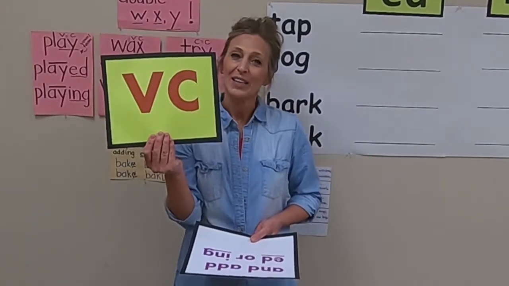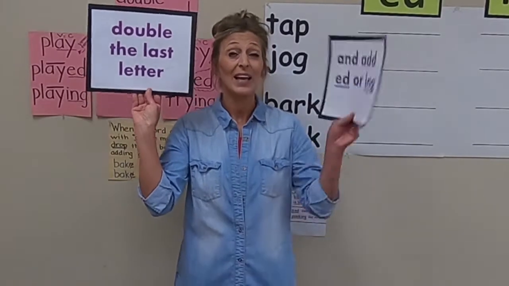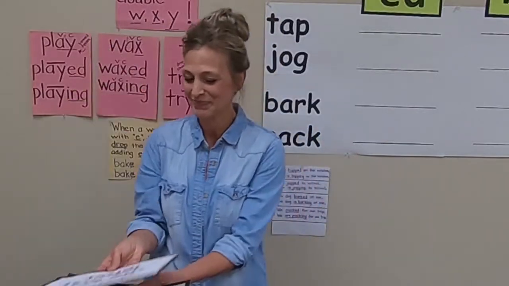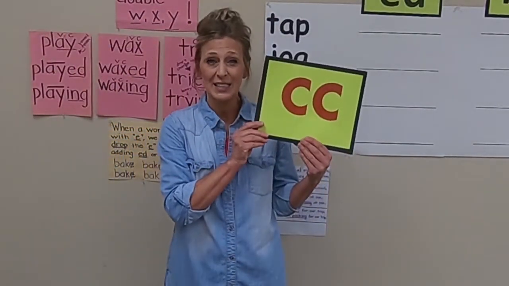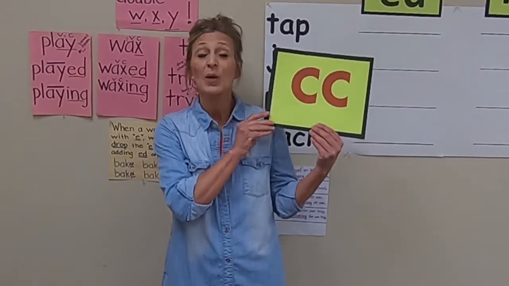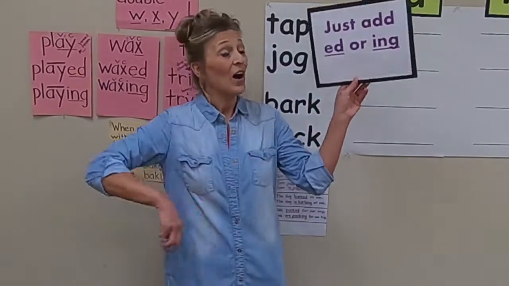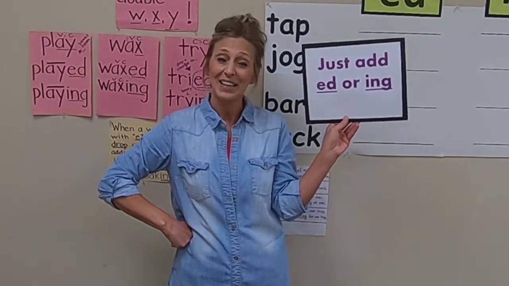When a word ends with a VC, we double the last letter and add ed or ing. The next jingle for the CC pattern is when a word ends with a CC, all you have to do is just add ed or ing.